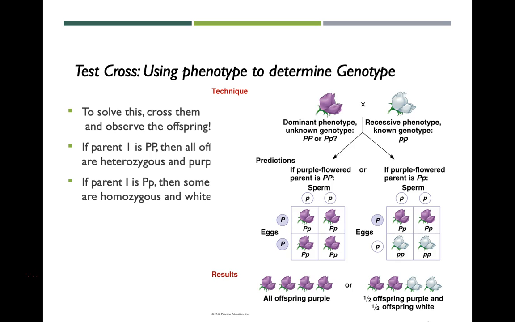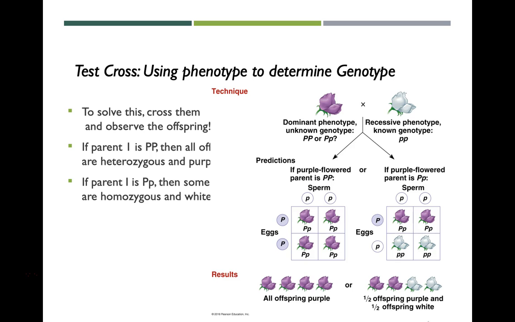All right, so let's talk about some different types of crosses that we can do. In genetics problems, you will often be asked to determine the genotype of an individual based on some particular characteristics. But sometimes you can't tell the genotype just by looking at the individual because of those heterozygous individuals.